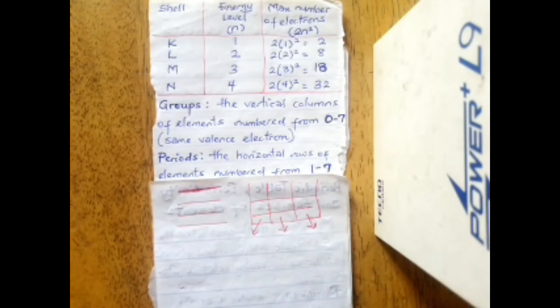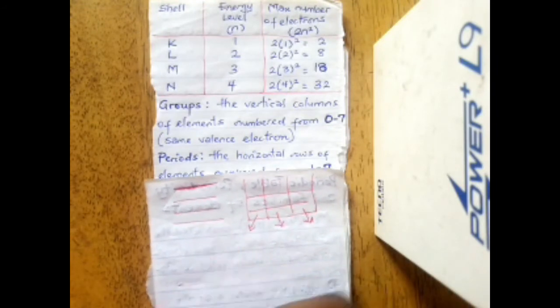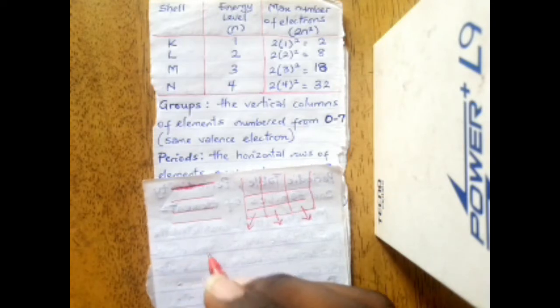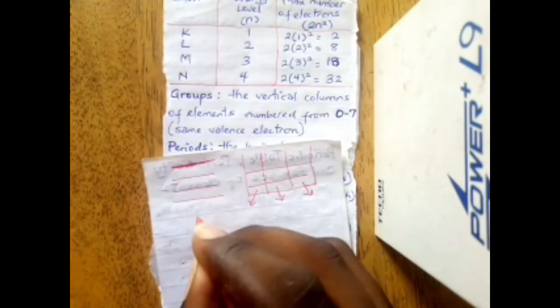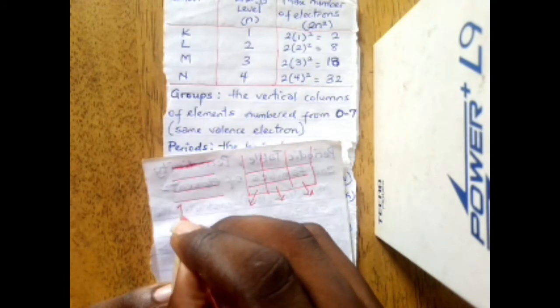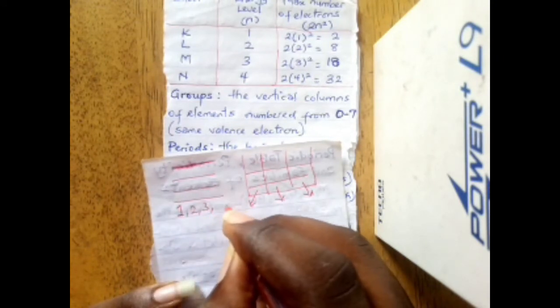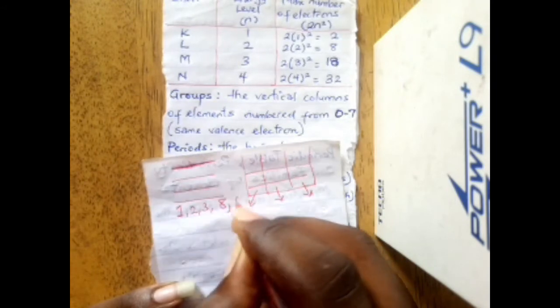They contain elements and they are numbered from 0 to 7. So meaning we have 8 main groups in the periodic table. So we have group 1, group 2, group 3, down to group 8, then we have group 0.